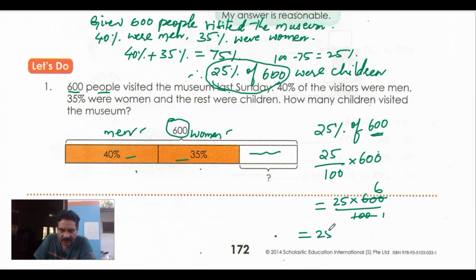So 25 into 6 is equal to 150. Therefore we can say, right, 150 children visited the museum.